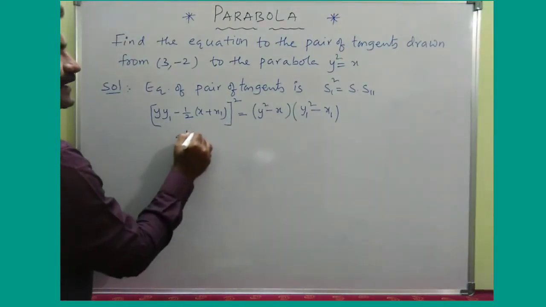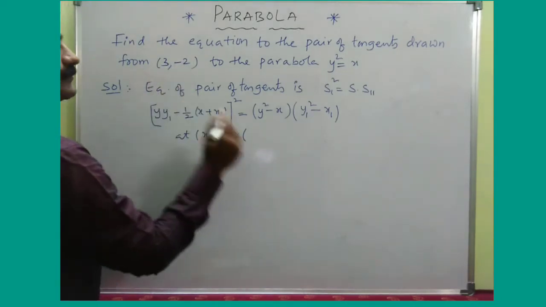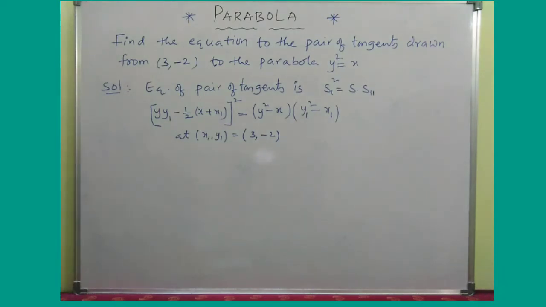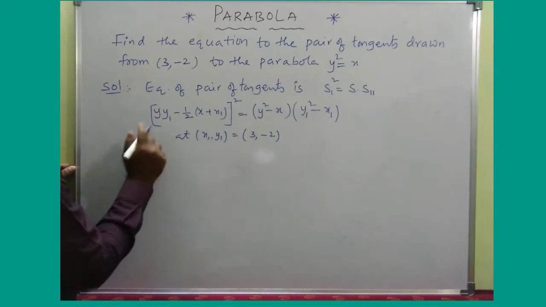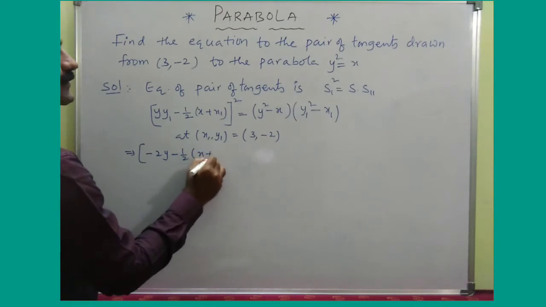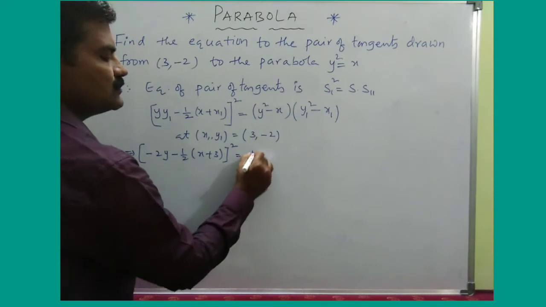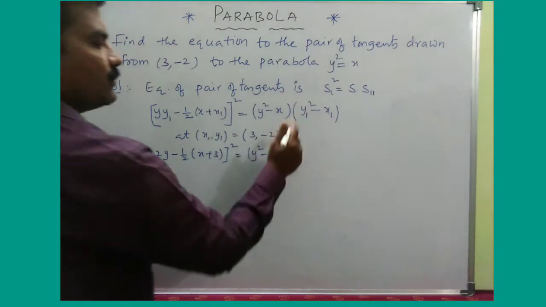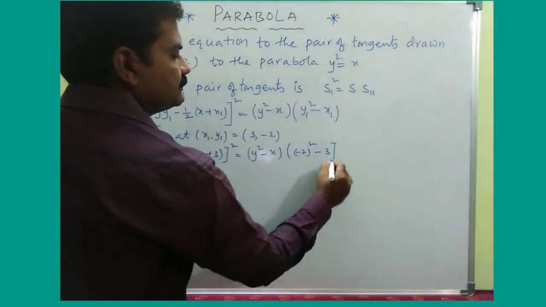Now clearly the point (x1, y1) is nothing but (3, -2). So let us substitute here in the place of x1, y1. Hence this is (-2) y minus half of (x plus 3), entirely whole square, which is equal to y square minus x as it is, but y1 square is nothing but (-2) whole square minus 3.